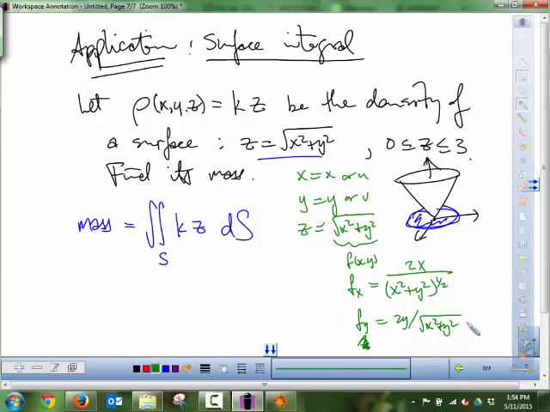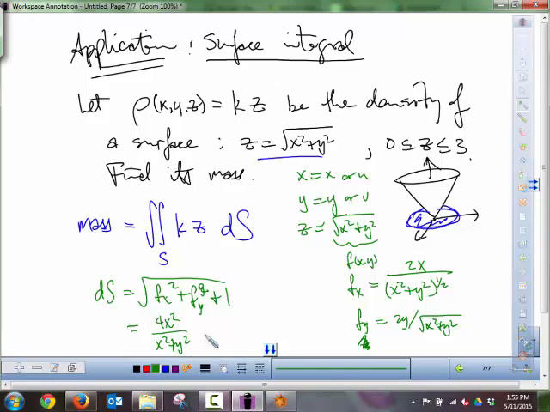And then z, well, there's no fz. So I would cross them, and I would get ds equal to the square root of fx squared plus fy squared plus 1. So this thing squared would be 4x squared over x squared plus y squared, plus 4y squared over x squared plus y squared, and then 1.